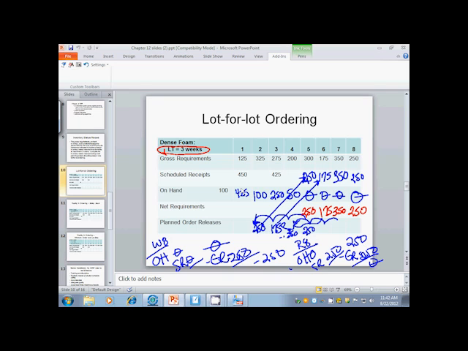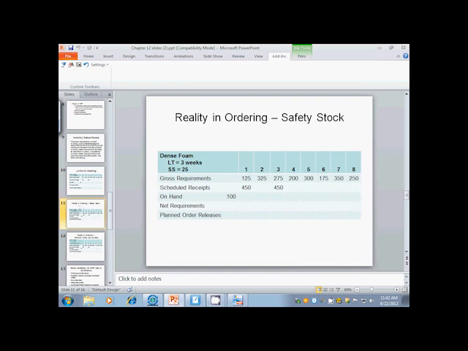If we move on to getting some reality in ordering, we need to take a look at adding in safety stock. Now, we've already talked about safety stock in Chapter 11. What is safety stock?